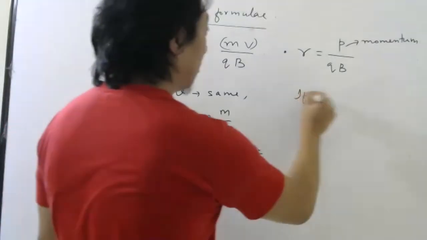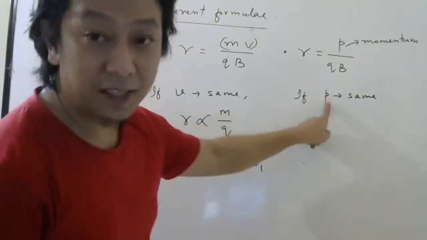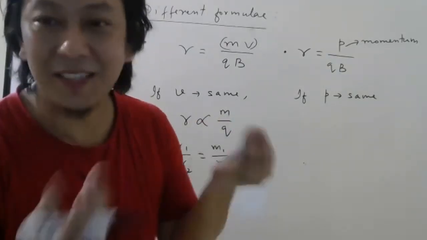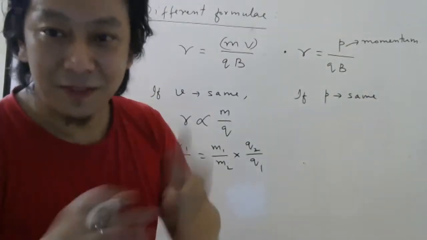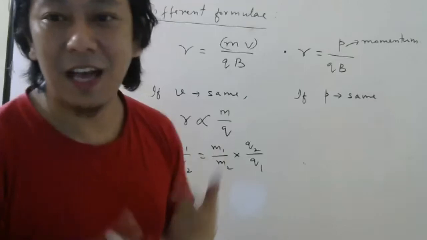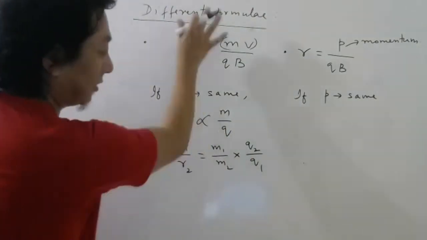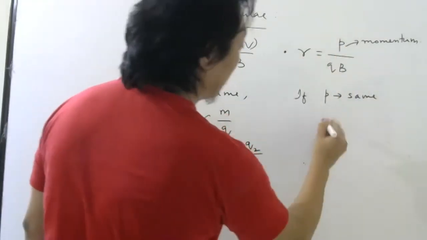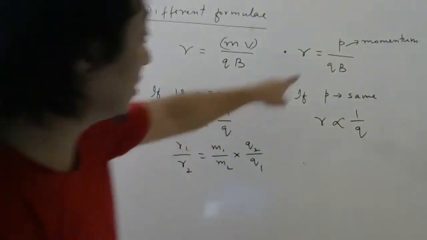So if momentum is the same, see students, speed cannot be the same because the particles are different. Suppose a truck is moving, a cycle is moving. If they have the same momentum, it doesn't mean they will have the same speed because masses are different. So this technique will not work. If momentum is the same, then it is only inversely proportional to q.